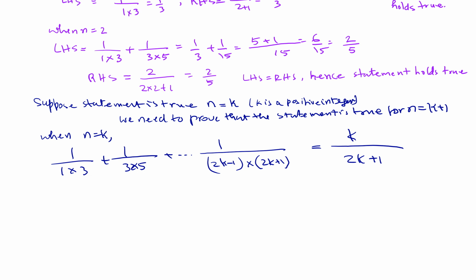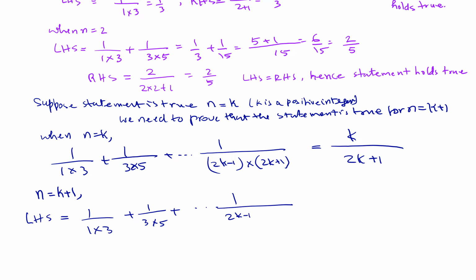The left hand side is equal to 1 over 1 times 3 plus 1 over 3 times 5 plus, this term 2k minus 1 multiplied by 2k plus 1, plus there's another term, isn't it?